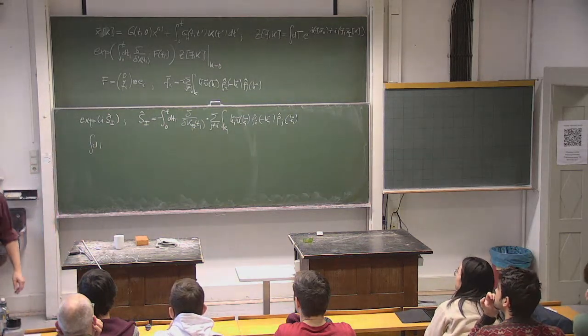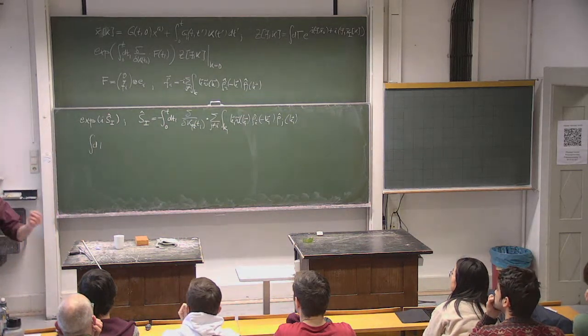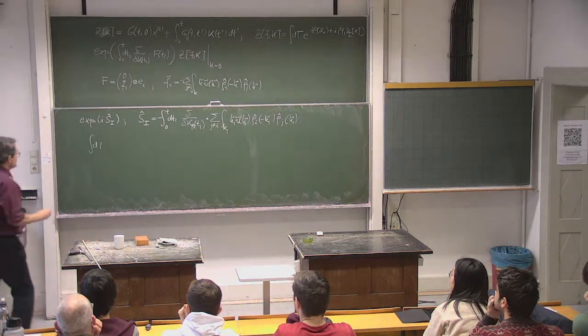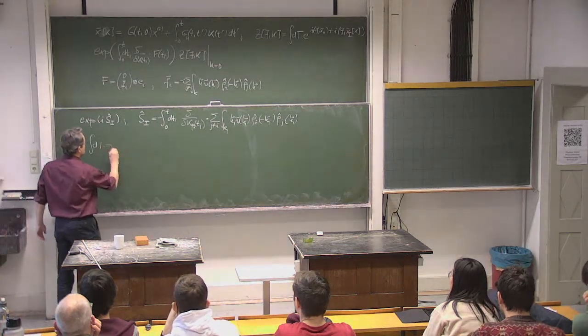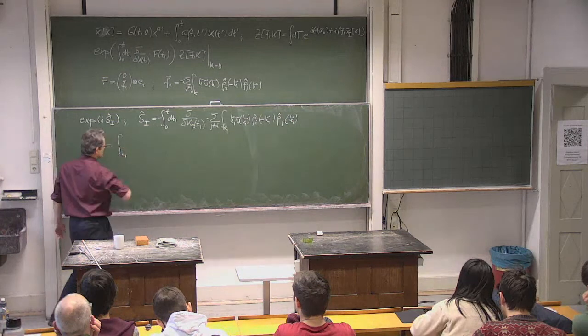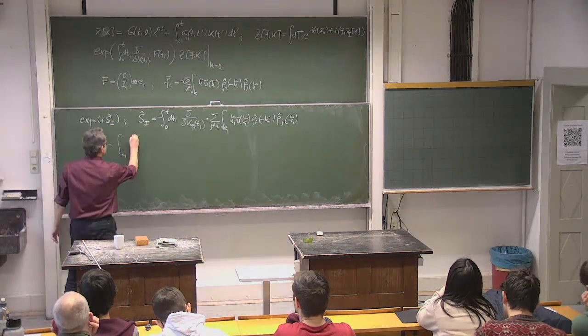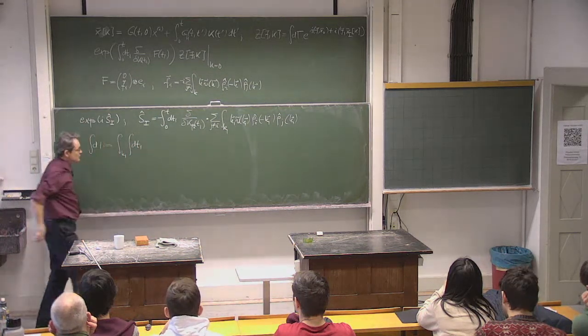You integrate over d1, d2, d3, d4, meaning the positions of particles 1, 2, 3, 4. But now we have positions in Fourier space, right? So what this means is an integral over the wave vector k1 and an integral over time t1.